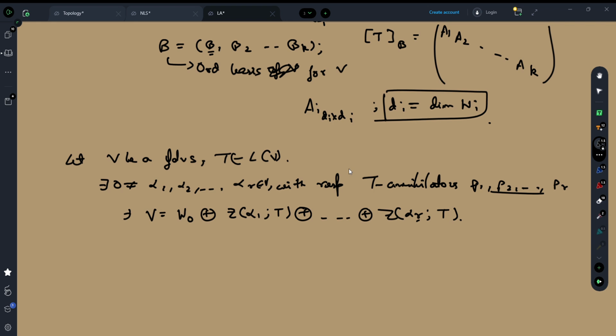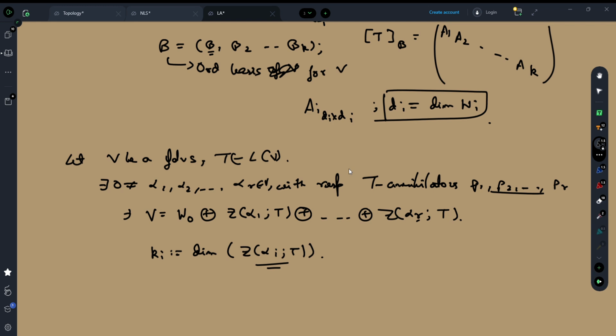And obviously, suppose ki is the dimension of the T cyclic subspace generated by alpha i. Then by the definition of a T annihilator, what should be the basis of this cyclic subspace? This basis we also call the T cyclic basis, to be precise.